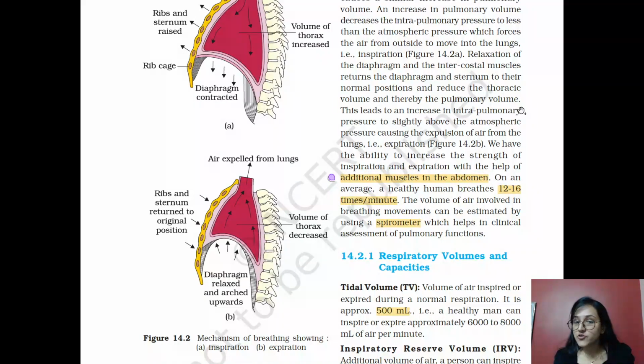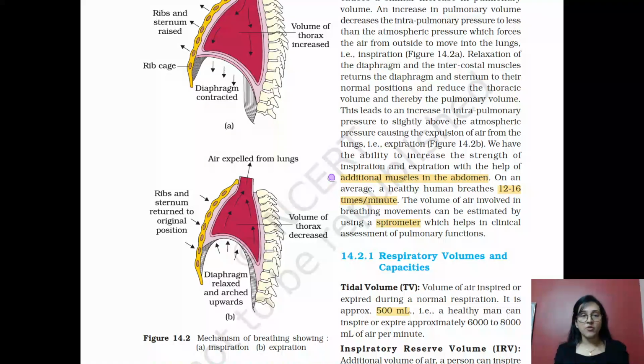So coming to the text, this leads to an increase in intrapulmonary pressure to slightly above the atmospheric pressure, causing the expulsion of air from the lungs, that is expiration. We have the ability to increase the strength of inspiration and expiration with the help of additional muscles in the abdomen. So, you can experience it. Normally we are breathing, we don't even know it.